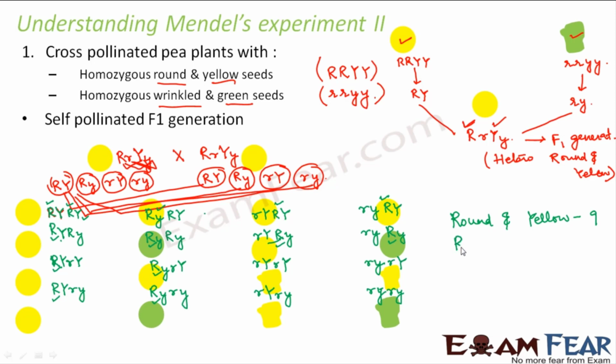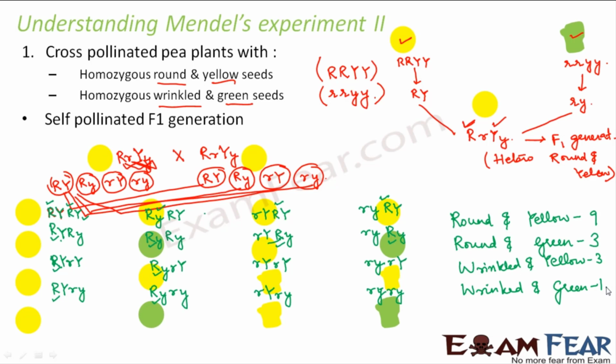Then round and green, 3 plants. Wrinkled and yellow, again 3 plants. Wrinkled and green, 1 plant. So this was the result that was obtained, right?